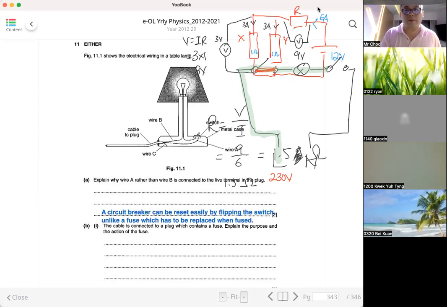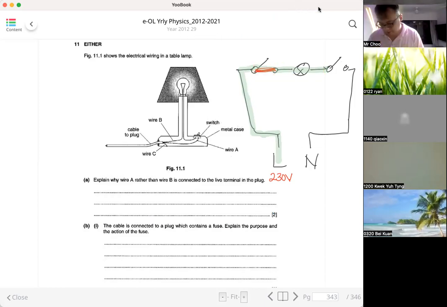So what happens? Let me explain a bit more. If I were to close this circuit here, same thing, the live wire is still 230 volt.